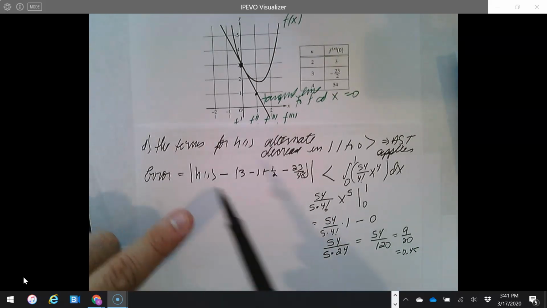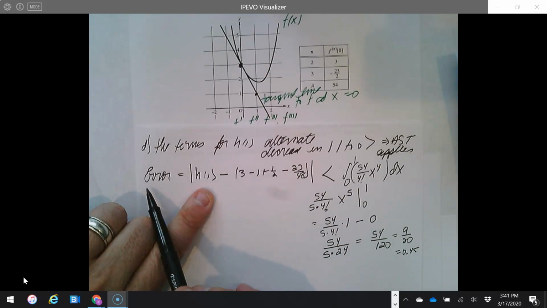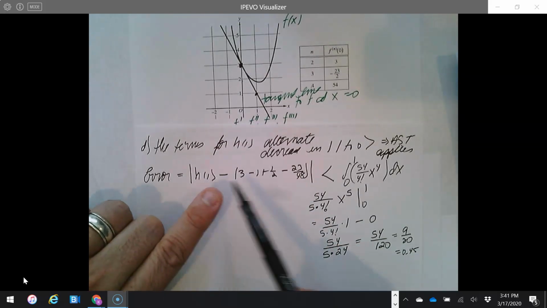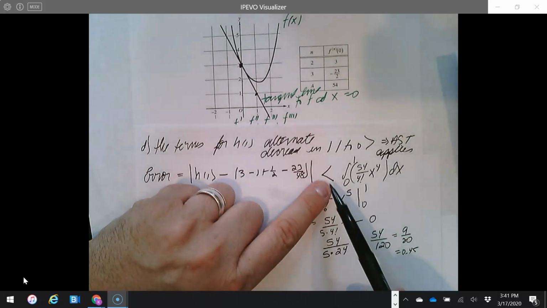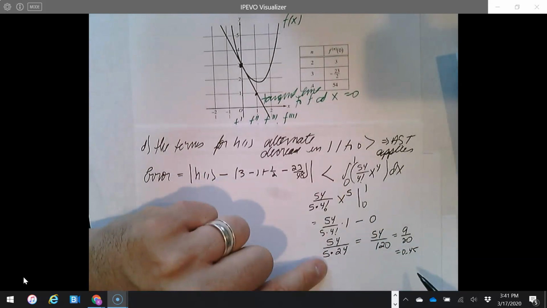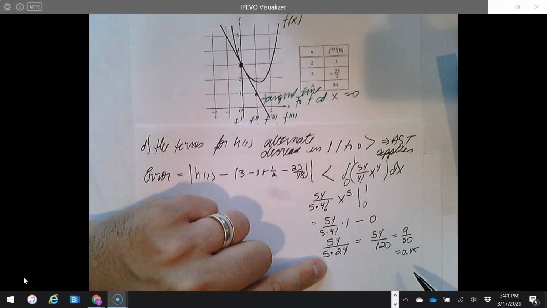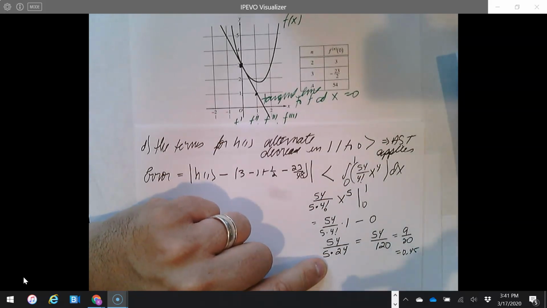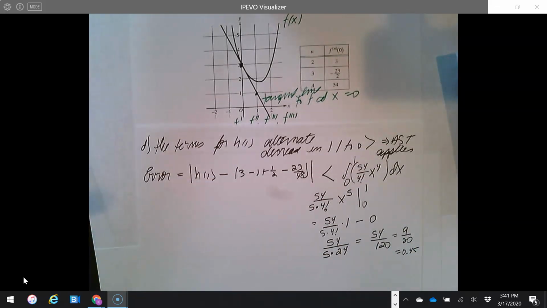The error, which is the difference between the true value and the approximation, is less than this expression over here. That's what we were after. Whenever it comes to alternating series error bound and Lagrange, it's always a little bit tricky.